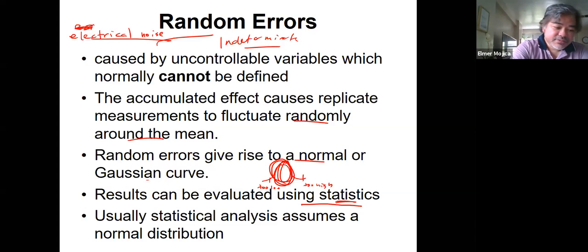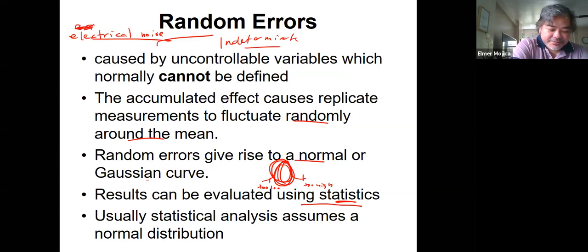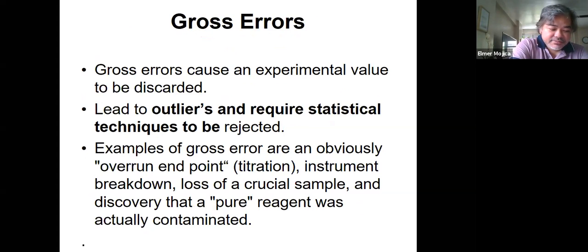Okay. Now, statistics is the one that we could say can be used to fix the random errors. And the last type of errors that we have here is the gross error.